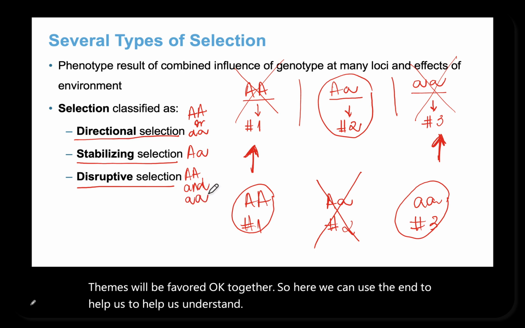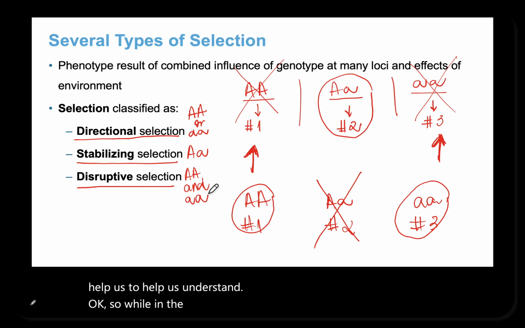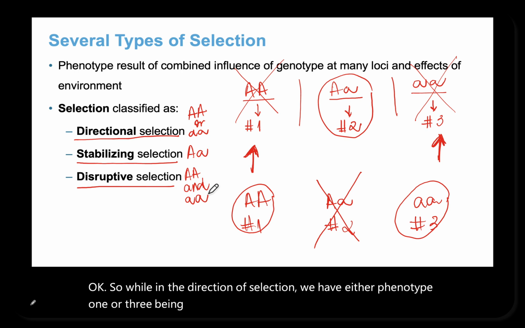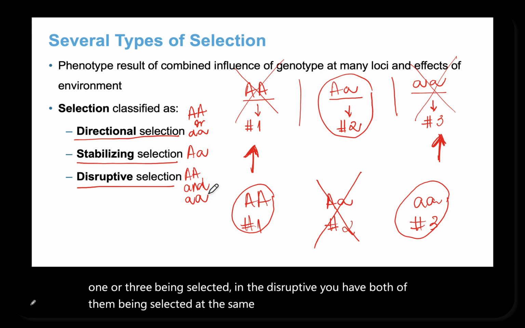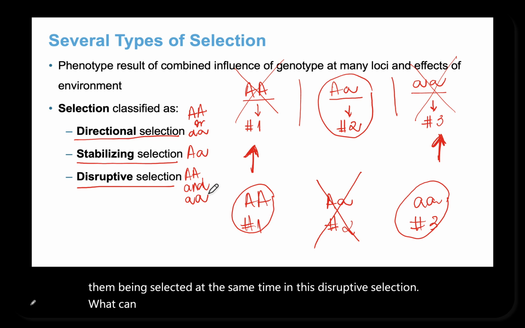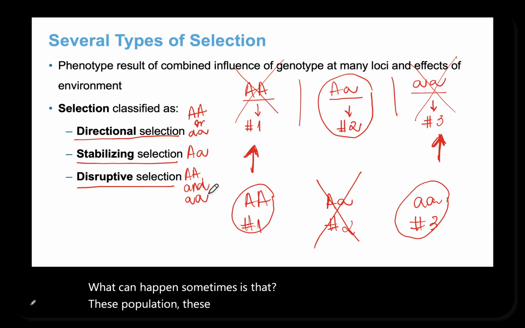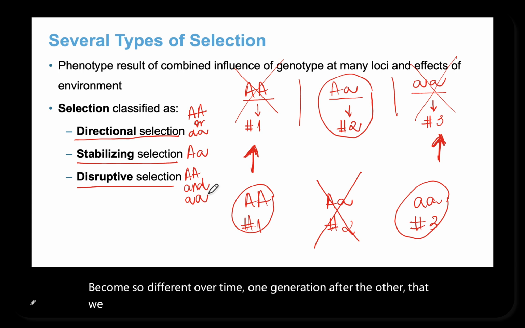Okay, so while in the directional selection we have either phenotype 1 or 3 being selected, in the disruptive you have both of them being selected at the same time. In this disruptive selection, what can happen sometimes is that these individuals will become different populations because they become so different over time, one generation after the other, that we end up isolating those individuals reproductively.